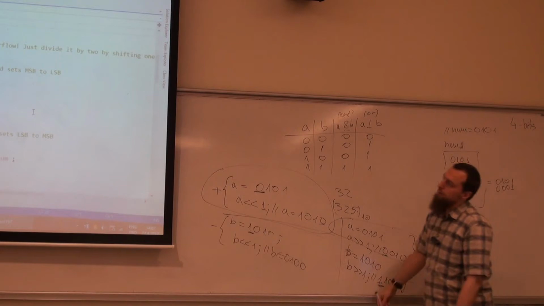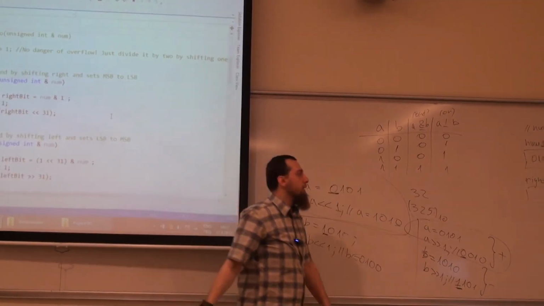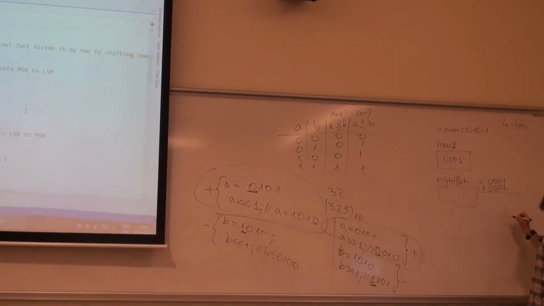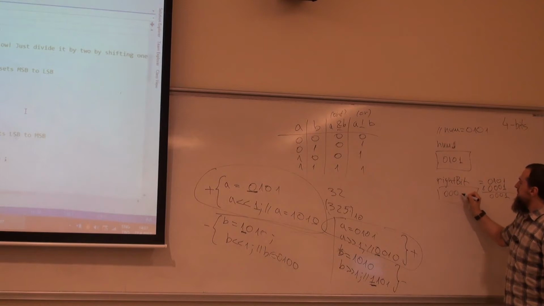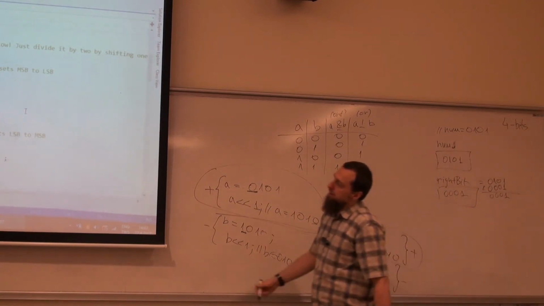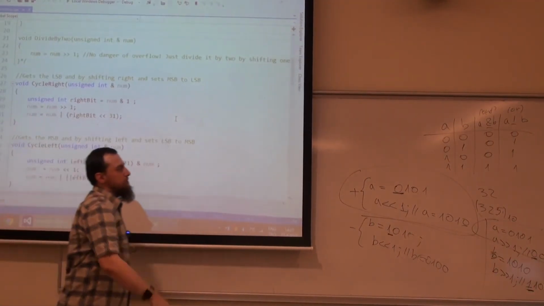So what I'm doing here is taking a bitwise AND between the number and 1. And what do I get? 0, 0, 0, and 1 in the end. I'm writing this one: 0, 0, 0, 1. Then I'm shifting the number to the left by 1 position.